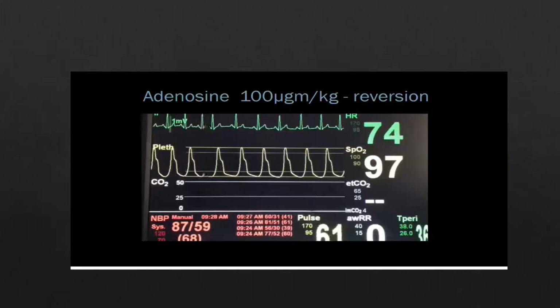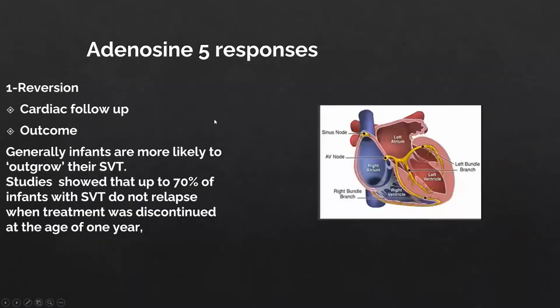All children with SVT, even if they revert, need cardiology follow-up. So the best management is also to refer to the pediatric consultant with cardiology expertise in your hospital, or to our tertiary, Royal Brompton, if you want them to have pediatric cardiology follow-up in special cases.